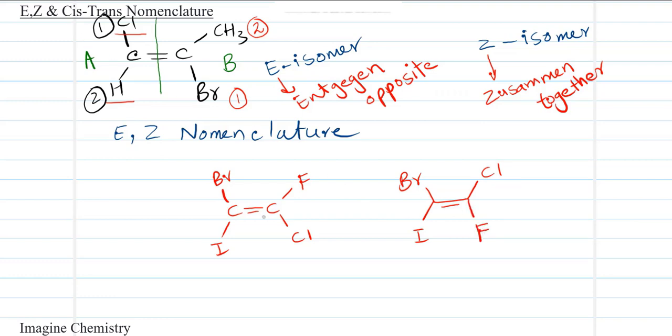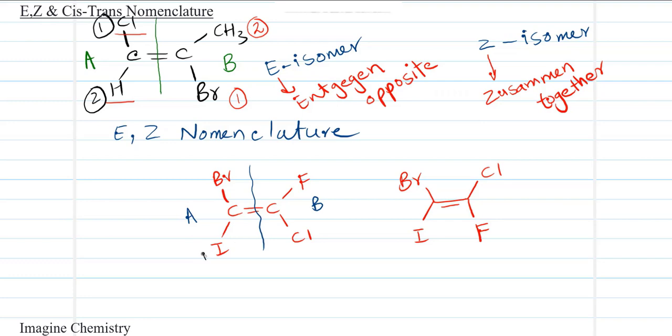Step number one, divide the molecule into two equal parts. This is part A, this is part B. For part A, you see there are two groups: the first one is iodine and the second one is bromine. As you know, bromine has a lesser atomic number compared to iodine.